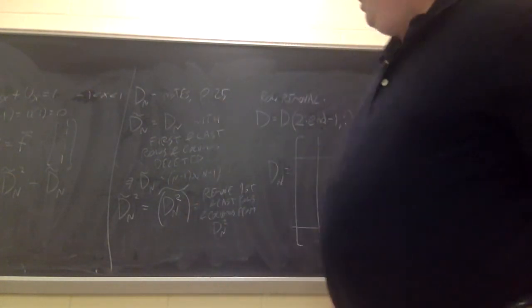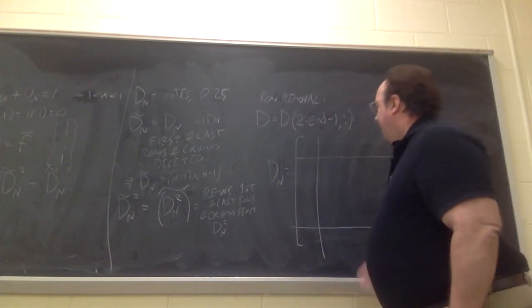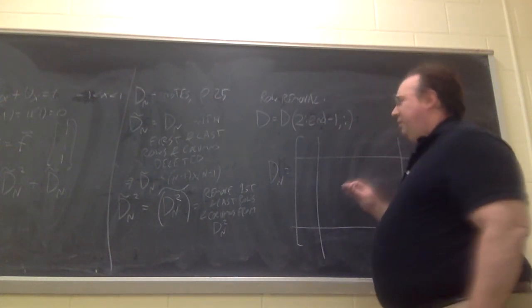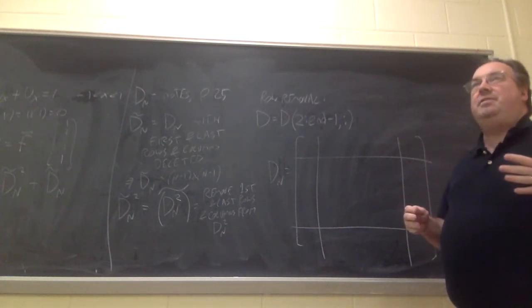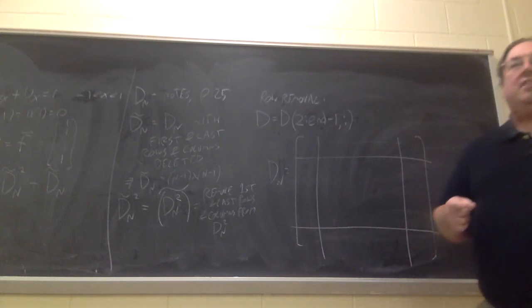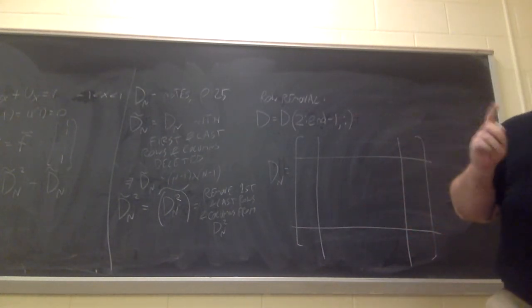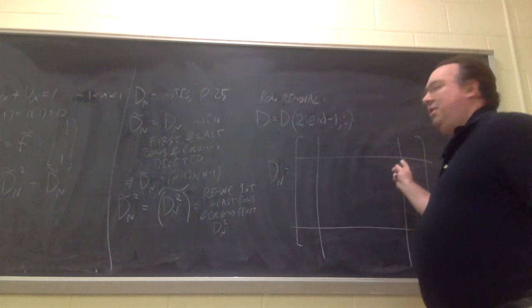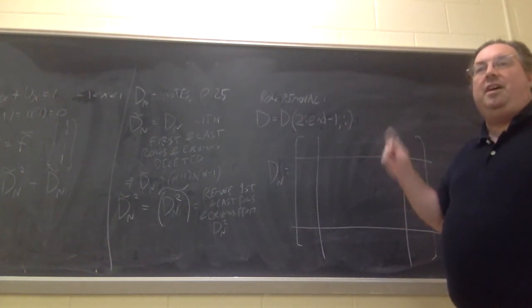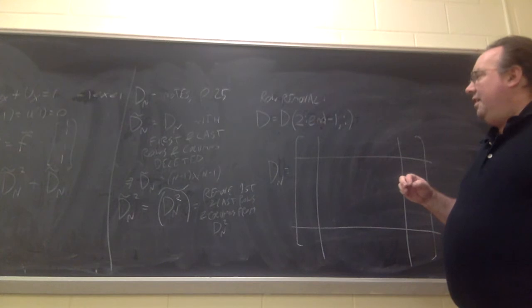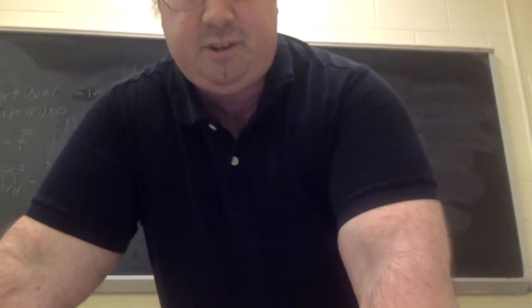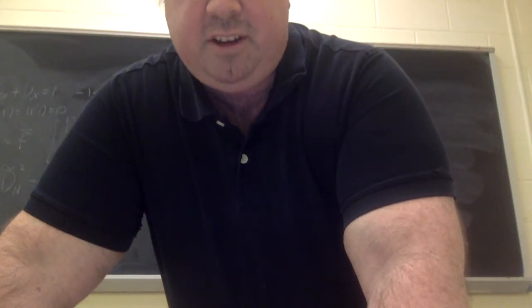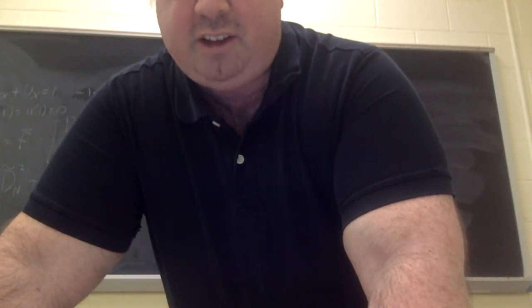As far as how you refer to these, your x values are indexed from 0 to n. This is an n plus 1 by n plus 1 matrix. So you're going to have a vector of x's, and the x values are defined on the previous page, at the bottom of page 24. You have a formula for your x values.